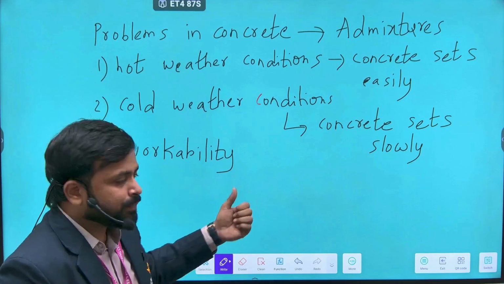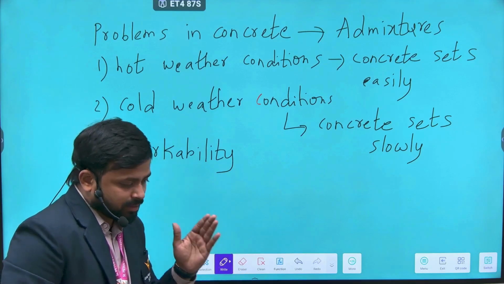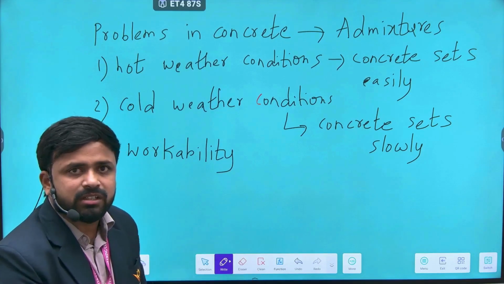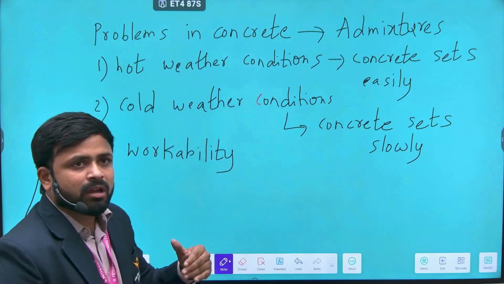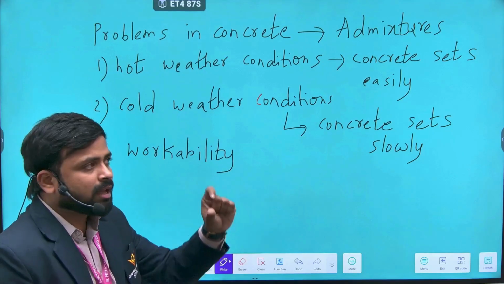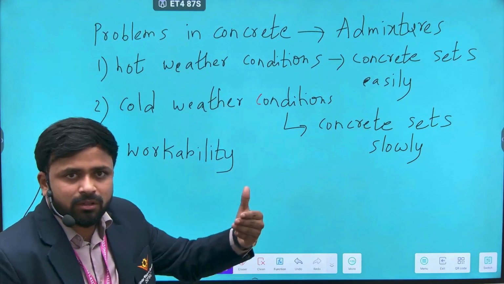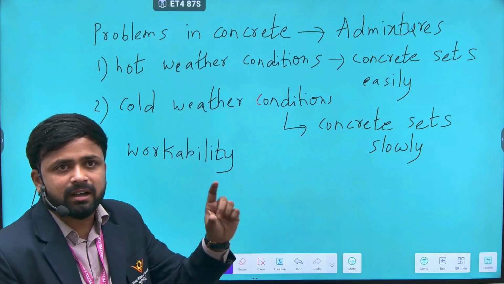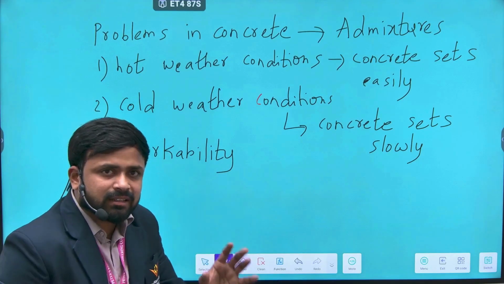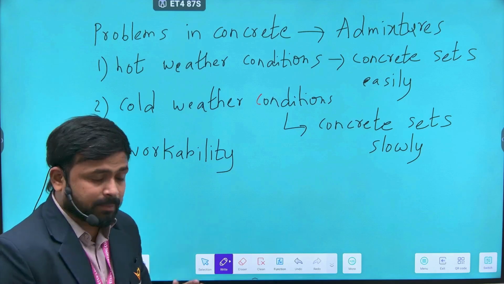So for more workability, we are using more water. That is not the solution. If you are using more water, cracks are also developed easily. On the surface itself the cracks are visible. When cracks are visible on the freshly constructed concrete, we can easily say that they have mixed additional water other than the specified requirements suggested by the IS code.